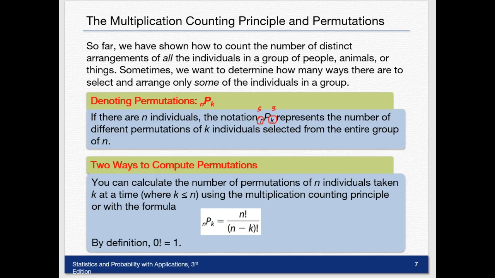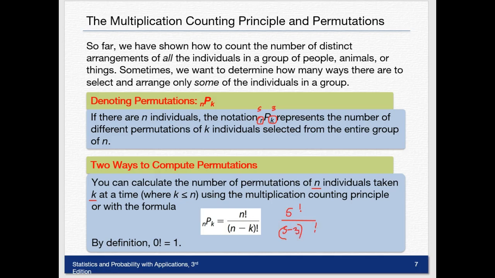Okay? So you can calculate the number of permutations, or orders, of 5 individuals taken 3 at a time using the multiplication principle or the formula n factorial divided by (n minus k) factorial. So if it was 5 and 3, it would be 5 factorial over (5 minus 3) factorial.